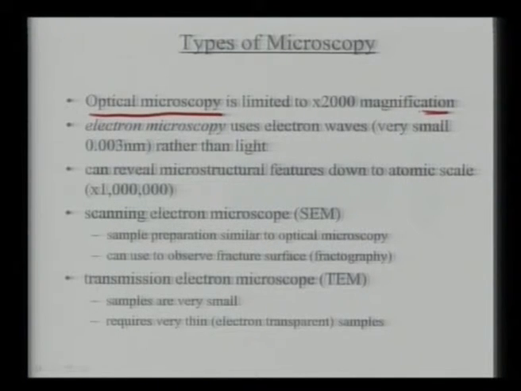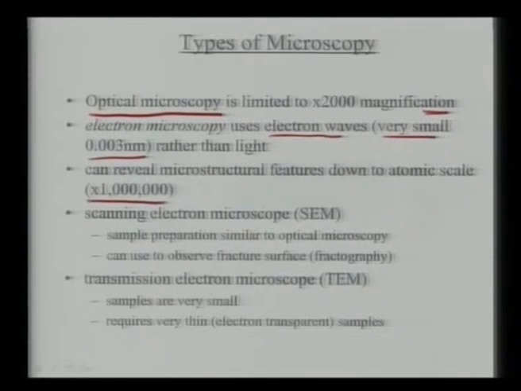Then comes electron microscopy, which uses electron waves with a very small wavelength, of the order of 0.003 nanometer depending on the accelerating voltage. Electron microscopes like the scanning electron microscope or transmission electron microscope can conveniently reveal the structure in much more detail, up to 1 lakh or more than 1 lakh magnification.